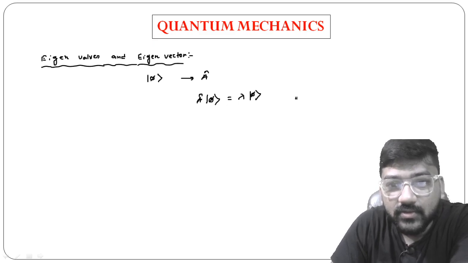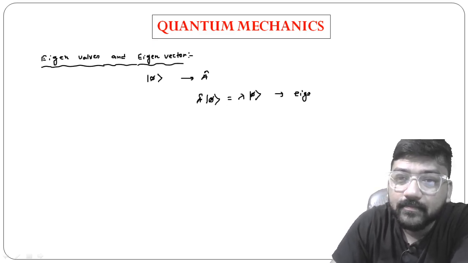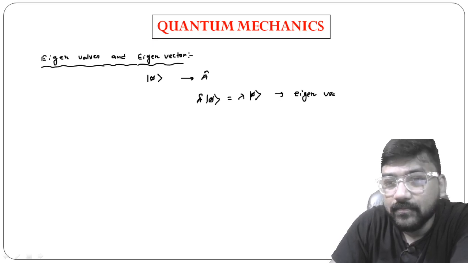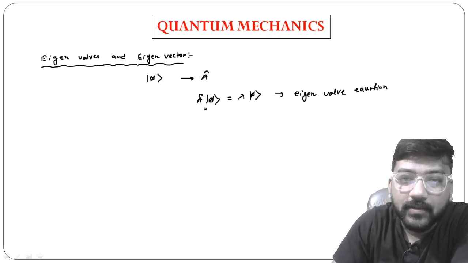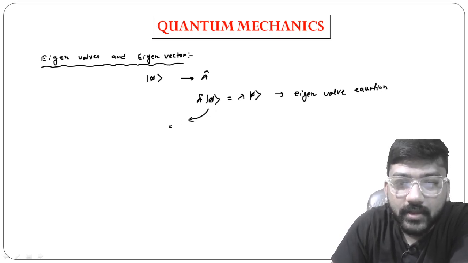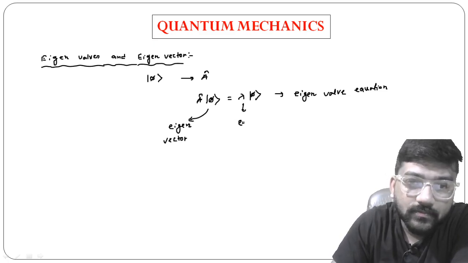So this is nothing but the eigenvalue equation. Here phi is the eigenvector, and lambda is the eigenvalue.